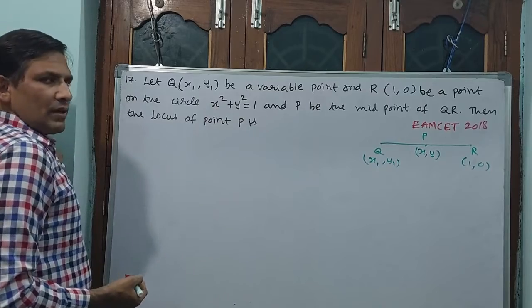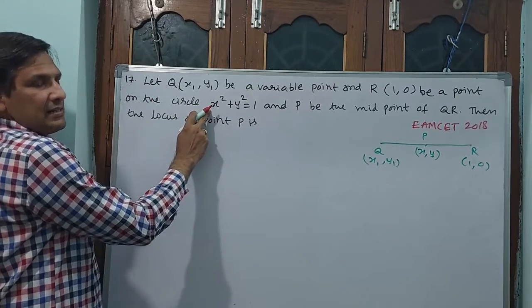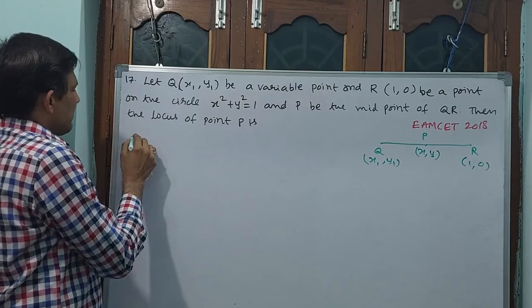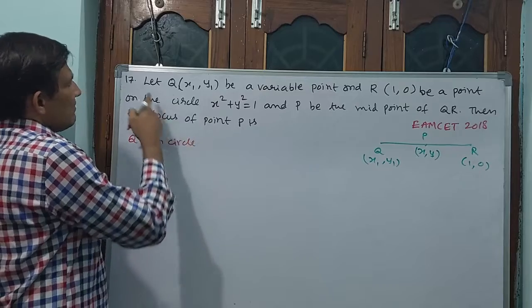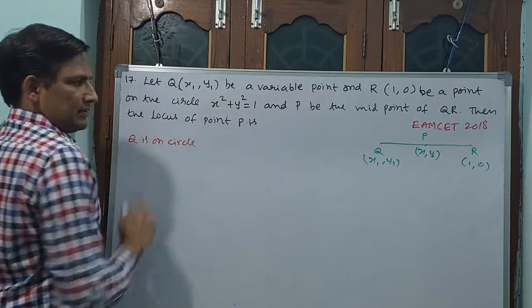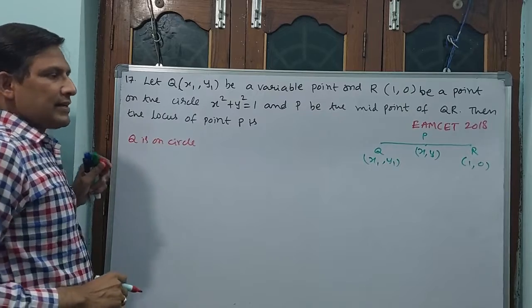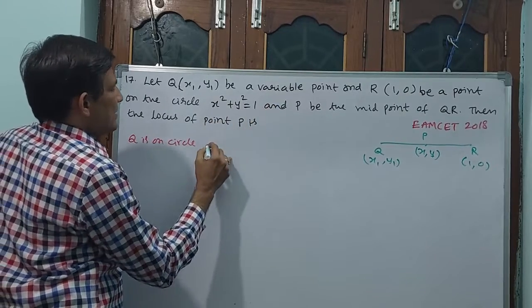See, first of all, Q is on the circle. That means, see what I am writing: Q is on the circle. Why? Because Q and R are points on the circle. If Q is on the circle, what is the circle?